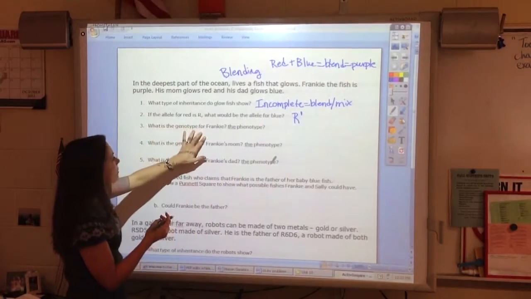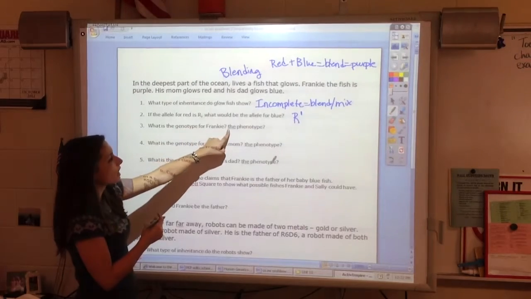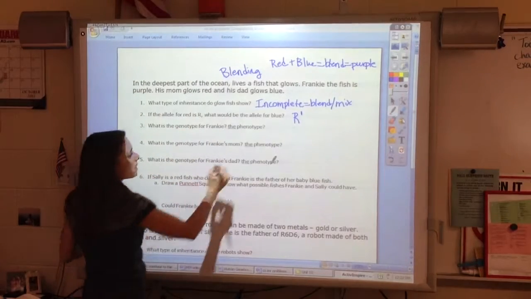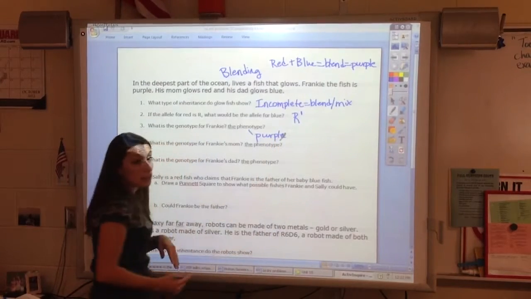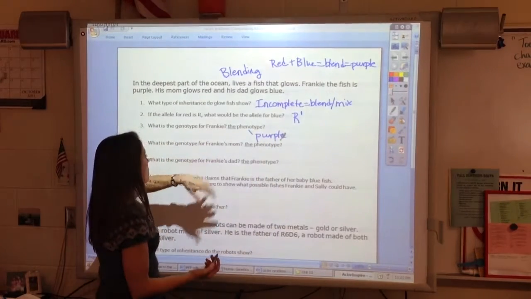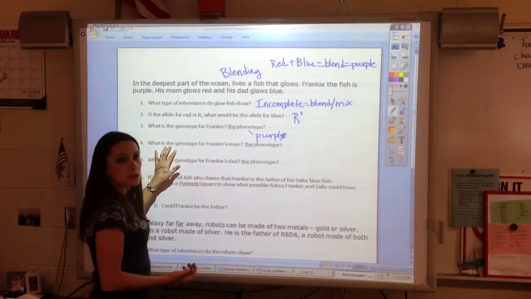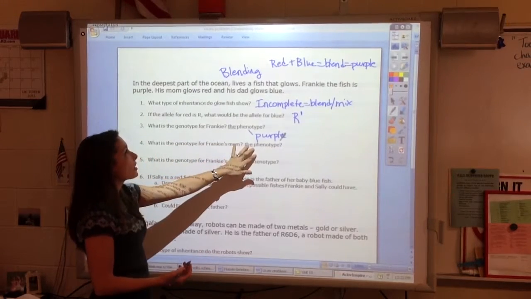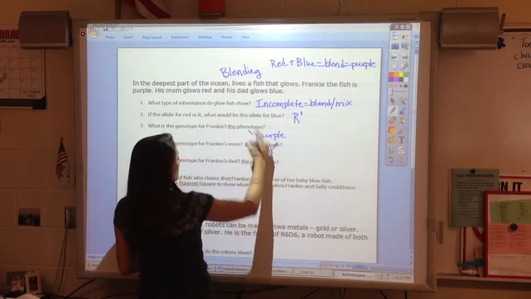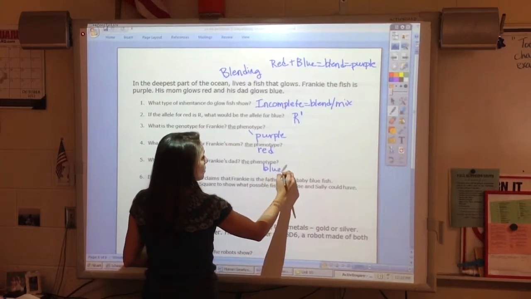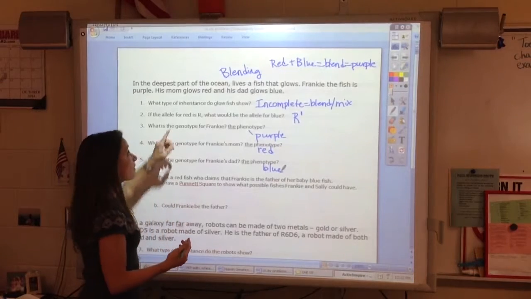So Frankie's genotype and phenotype, well, we know his phenotype is purple. That means that he's getting one letter, so let's go through and look at his mom's genotype and phenotype. His mom is red. His dad was blue. Well, we know what letters the red fish would have.